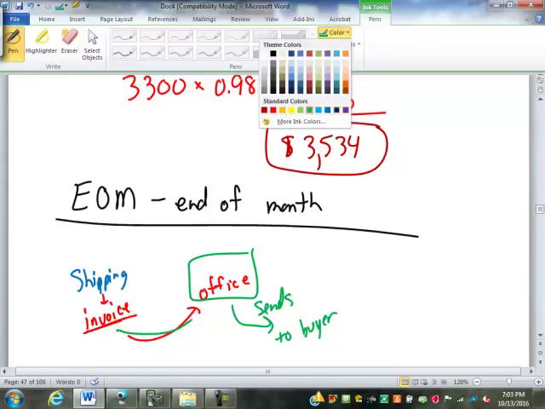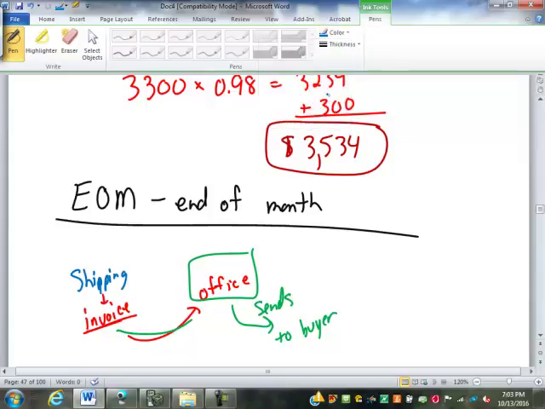Smaller companies may not have the personnel to do that, so they can't gather up those invoices every day and send them out as bills. A small company might gather them up every Friday and send them out, or on the last day of every month, or every 2 weeks.